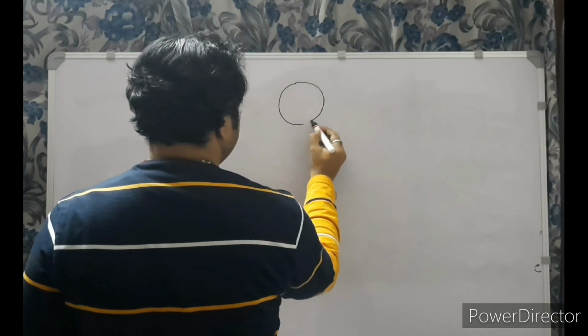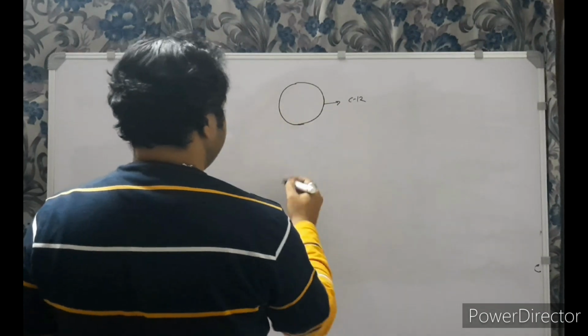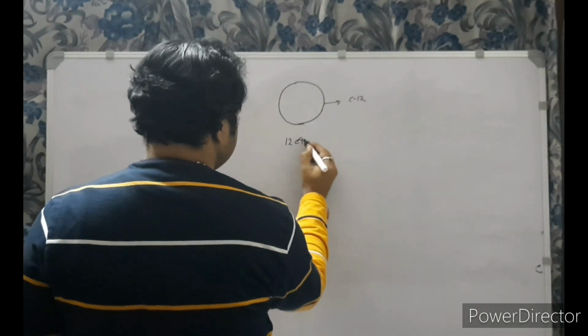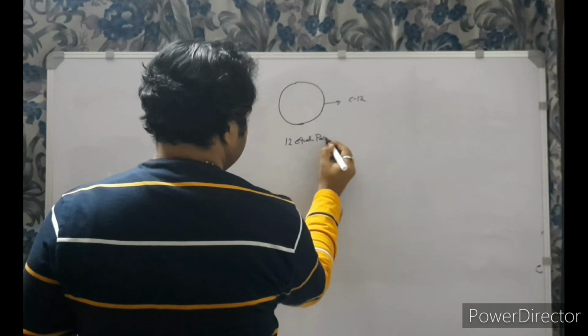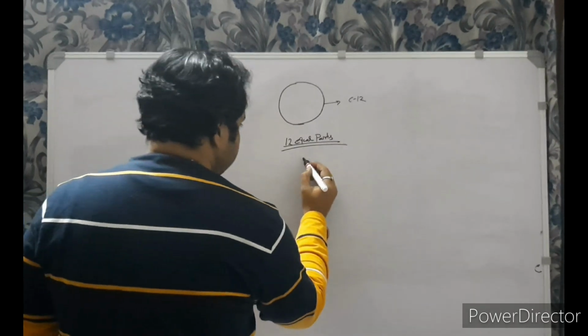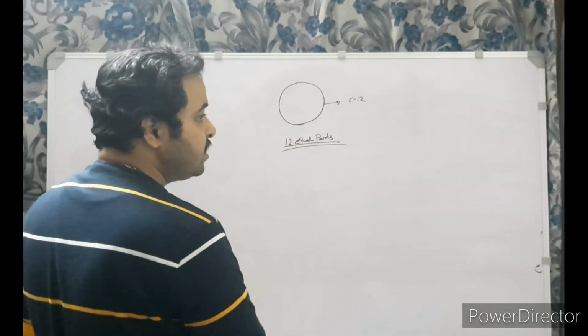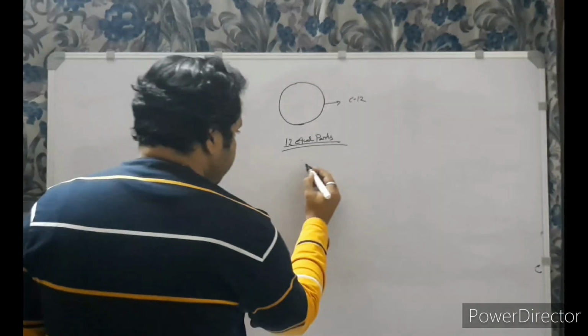This is a carbon 12 isotope, suppose, and divide it in 12 equal parts. Each part, mass of each part is called one atomic mass unit.